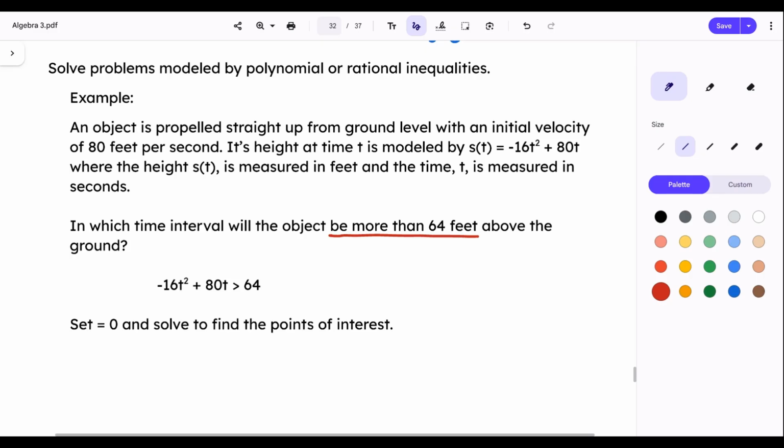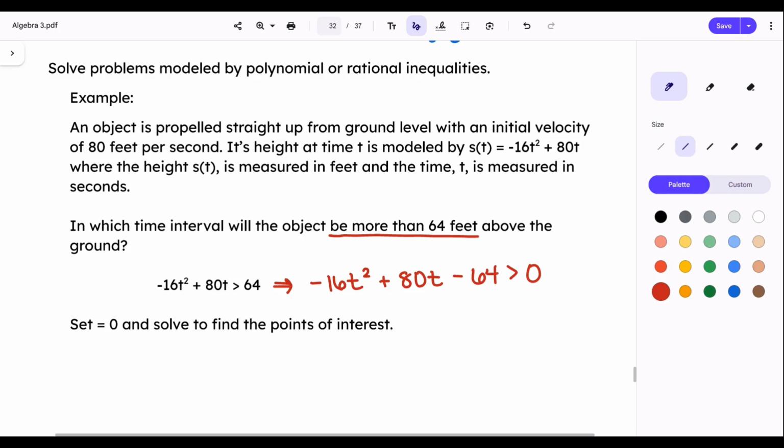So first thing we need to do is rewrite this so that it says 0. So I'm going to move that 64 over to the left by subtracting it. So it looks like that. Okay. And then something that I maybe didn't do on the last ones just because of the way that they were: I could maybe try to factor this the way it is. Something, though, that I'm recognizing is that I could probably take out a 16 from all of my numbers.